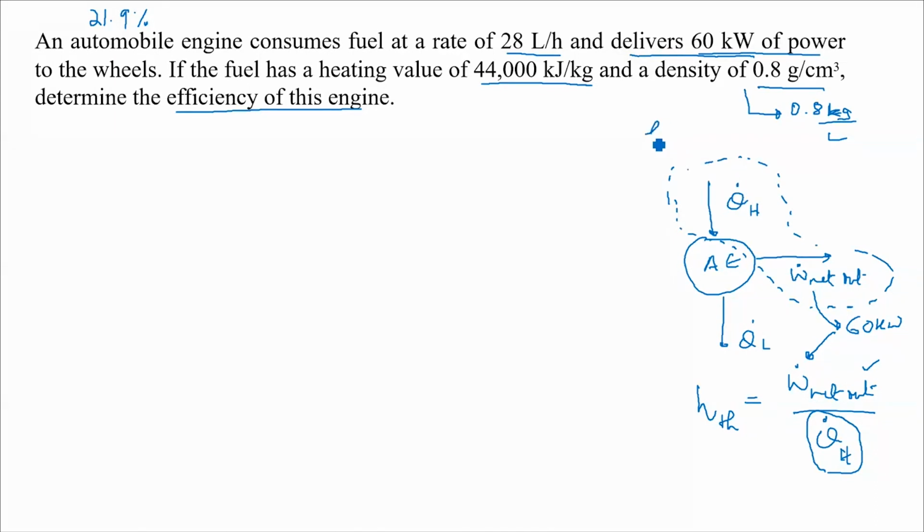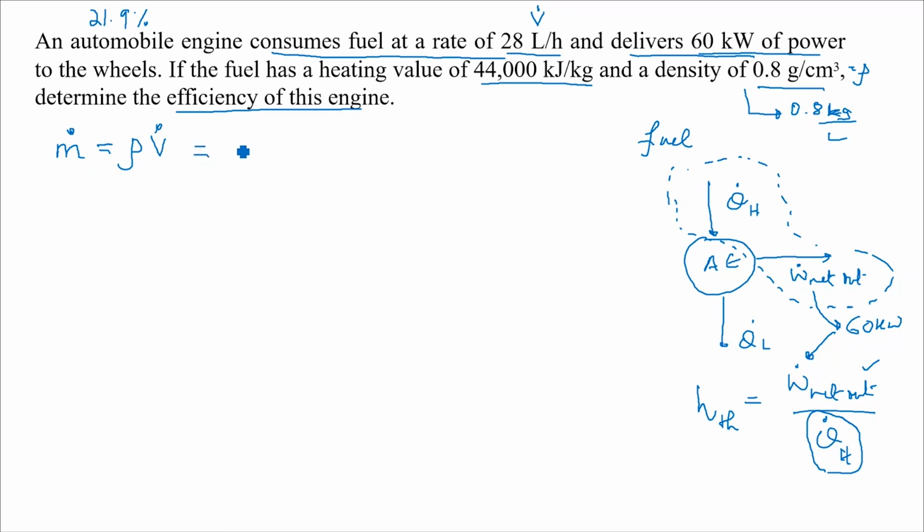This Q dot H is essentially coming from the burning of the fuel, and the rate at which the fuel is being consumed is given to me as 28 liters per hour. Density is also given to me. This rate, 28 liters per hour, is essentially the volume flow rate, and density is represented by rho. So the mass flow rate is equal to density multiplied by the volume flow rate.